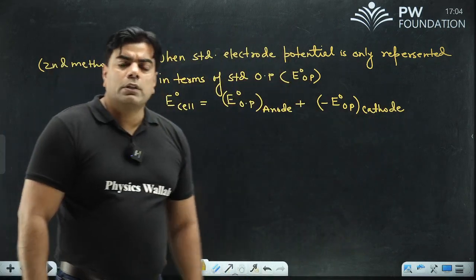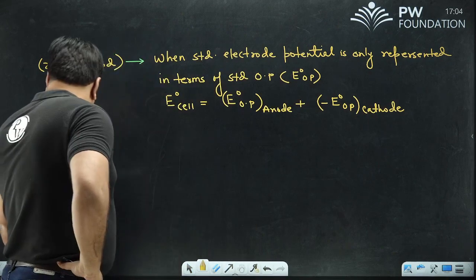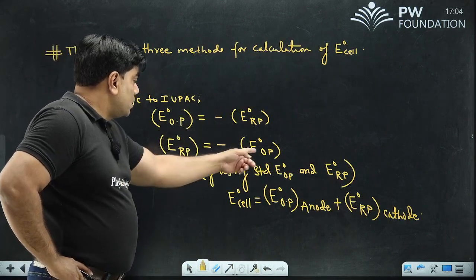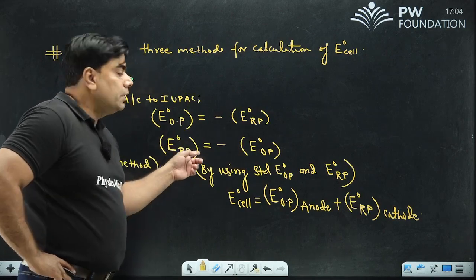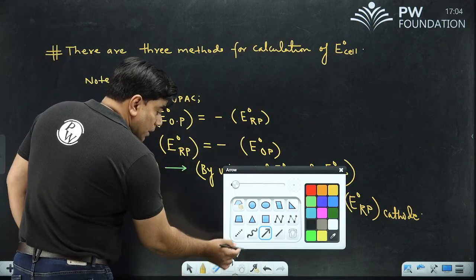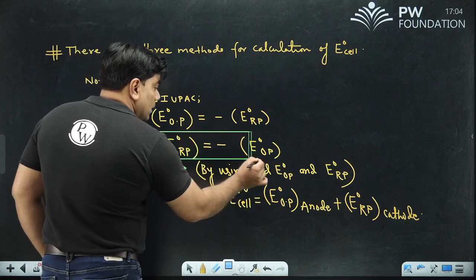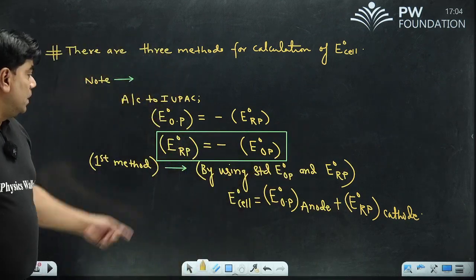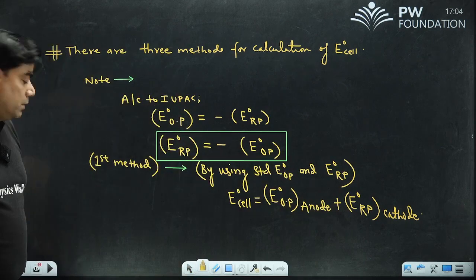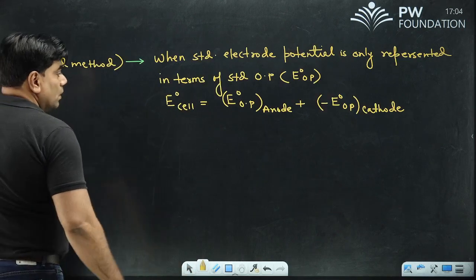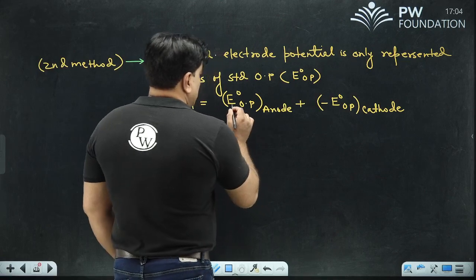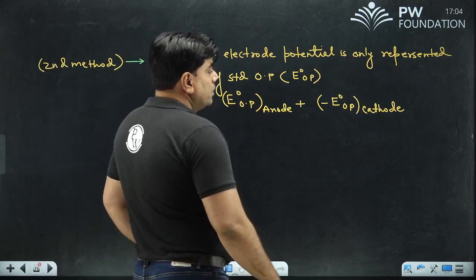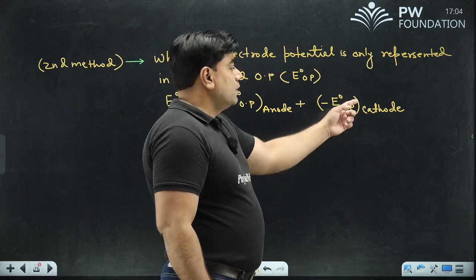Minus of a standard oxidation potential means standard reduction potential. So here I write: standard oxidation potential of anode plus minus of a standard oxidation potential, which means a standard reduction potential of cathode.